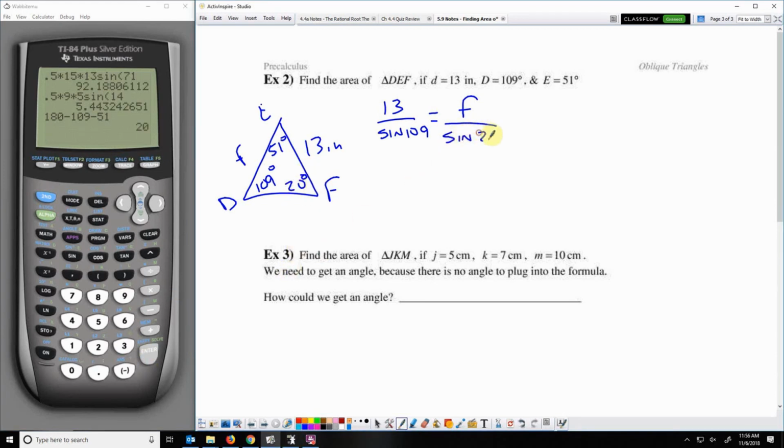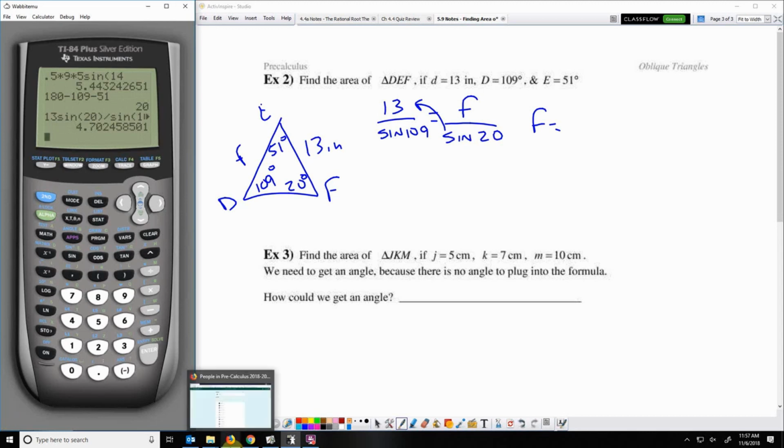So sine 20. And I can multiply that across and get the length of side F. Okay, so we find that side F is about 4.7 inches.